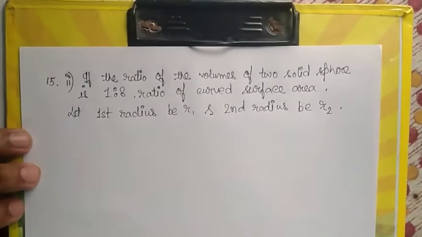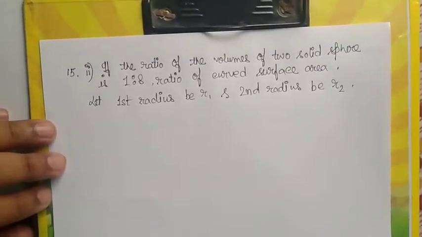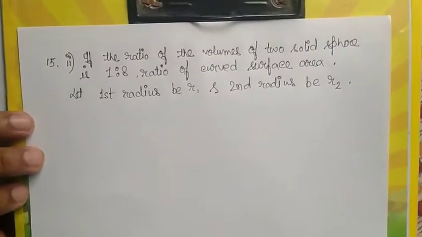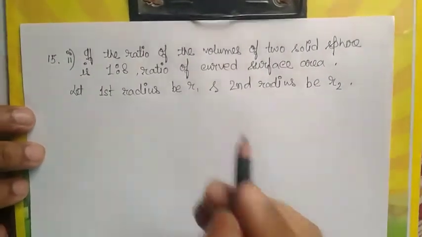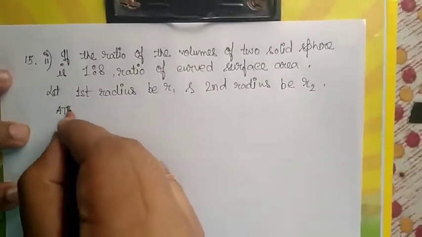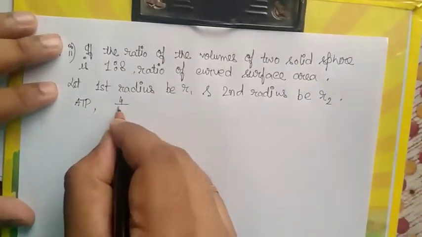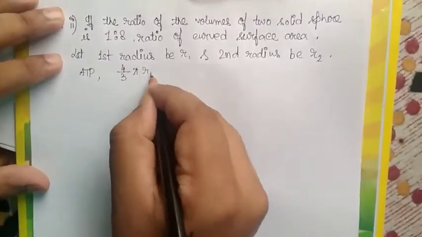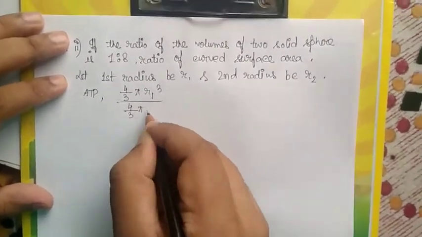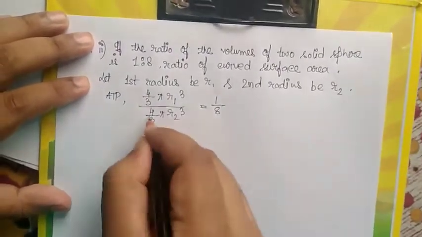This is sum number 15, part 2. The ratio of the volumes of two solid spheres is 1:8. Find the ratio of the curved surface areas. So here we assume that the first radius is r1 and the second radius is r2. According to the problem, volume means 4 by 3 pi r cube. So 4 by 3 pi r1 cube by 4 by 3 pi r2 cube equal to 1 by 8.